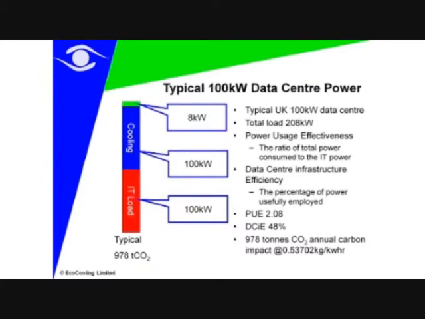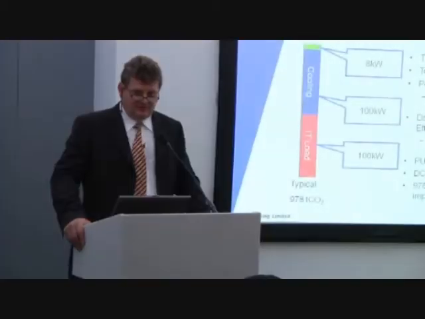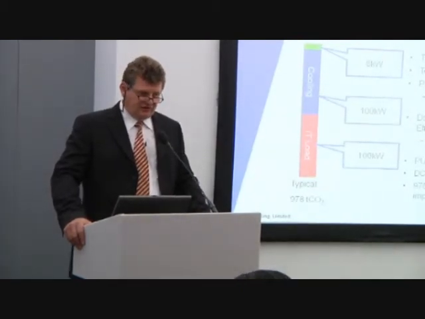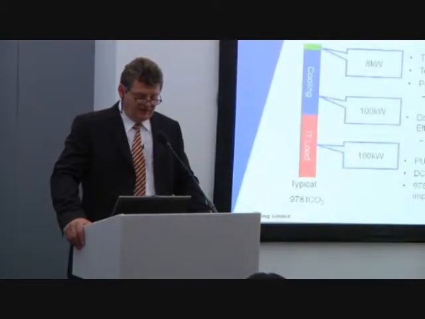Now, many data centers in Britain run at a PUE of anything up to 2.5. The only way you can get to using more energy in your ancillary equipment than in your IT equipment is really by putting it into the cooling equipment. Many people are absorbing as much energy in their cooling as they are in their IT.